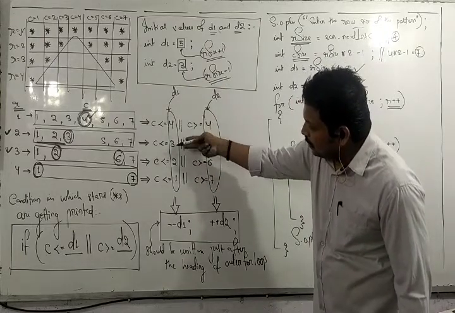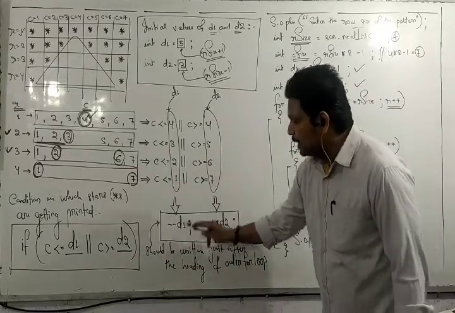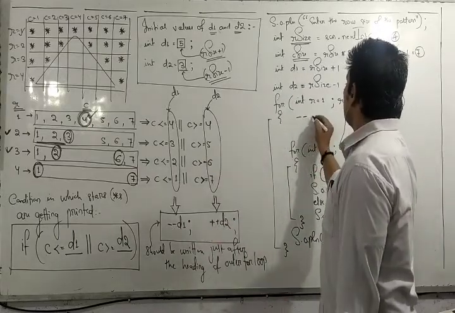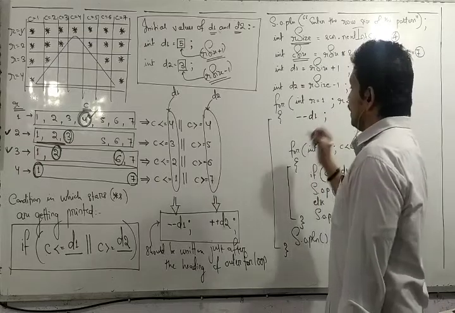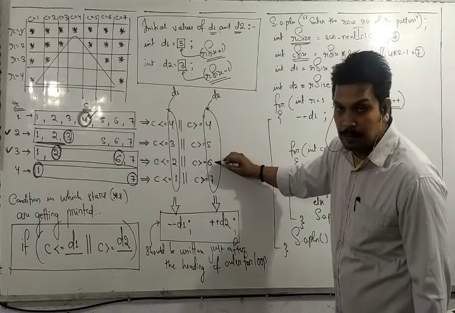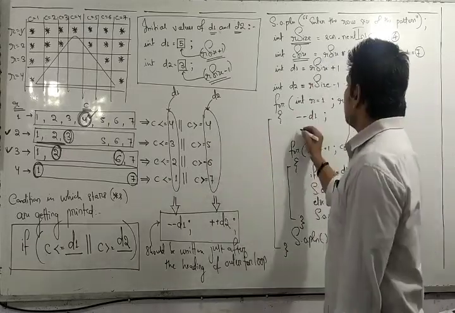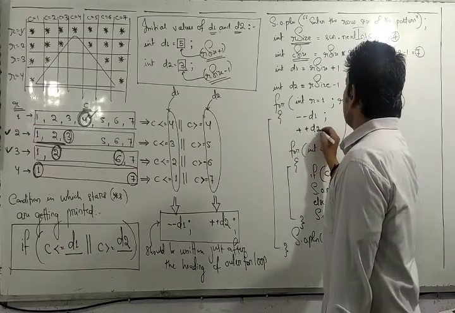After 4 it is becoming 3, after 3 it is becoming 2, after 2 it is becoming 1. So I will write minus minus D1. And here you can see after 4 it is becoming 5, after 5 it is becoming 6, after 6 it is becoming 7. I mean it is incrementing. So we will write plus plus D2.